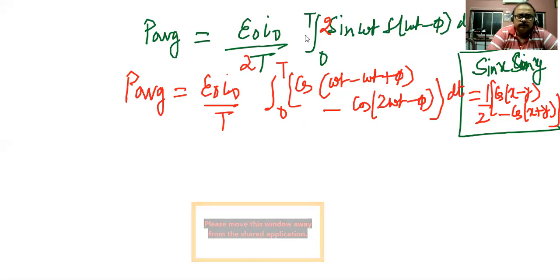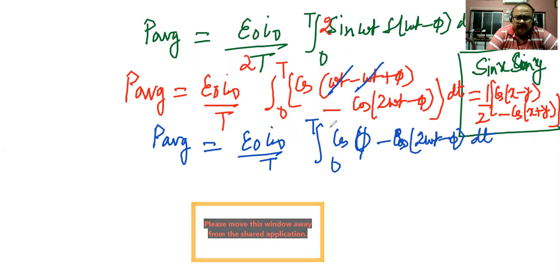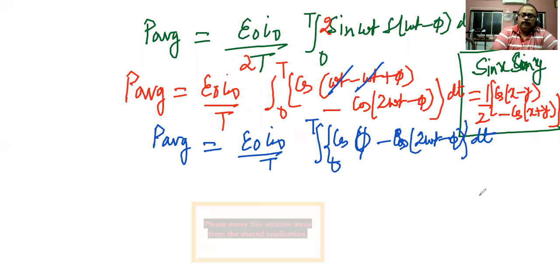Omega t minus omega t cancels. So P average equals E naught I naught by T times the integration from 0 to T of cos of phi minus cos of twice omega t minus phi dt. This is the total integration we have got.